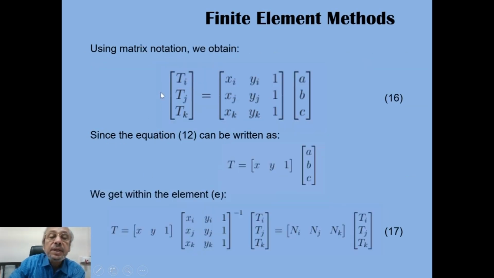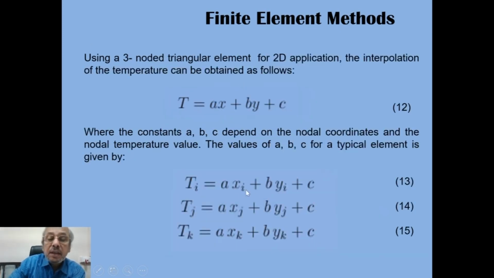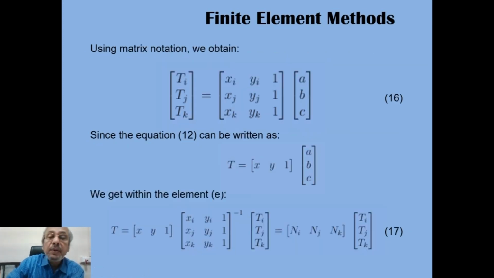So this will give Tijk, and then if we take out A, B, C again as a column matrix, we will get one matrix with xi, yi, 1; xj, yj, 1; xk, yk, 1.